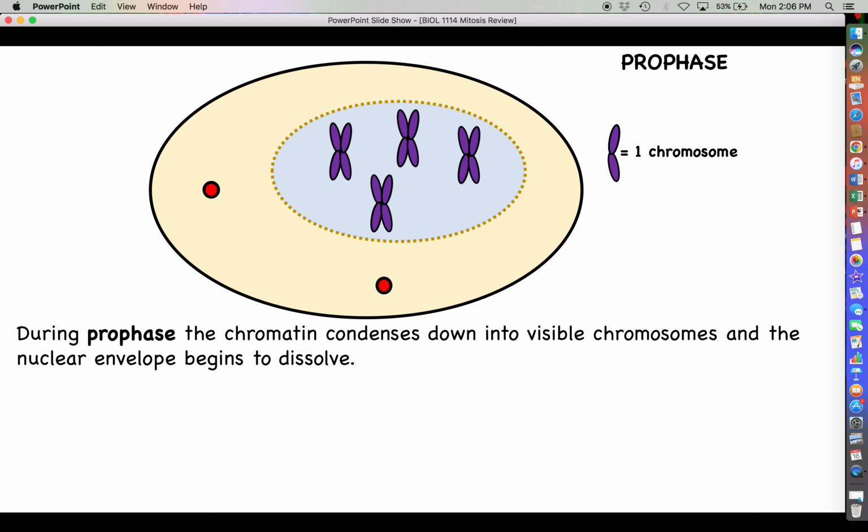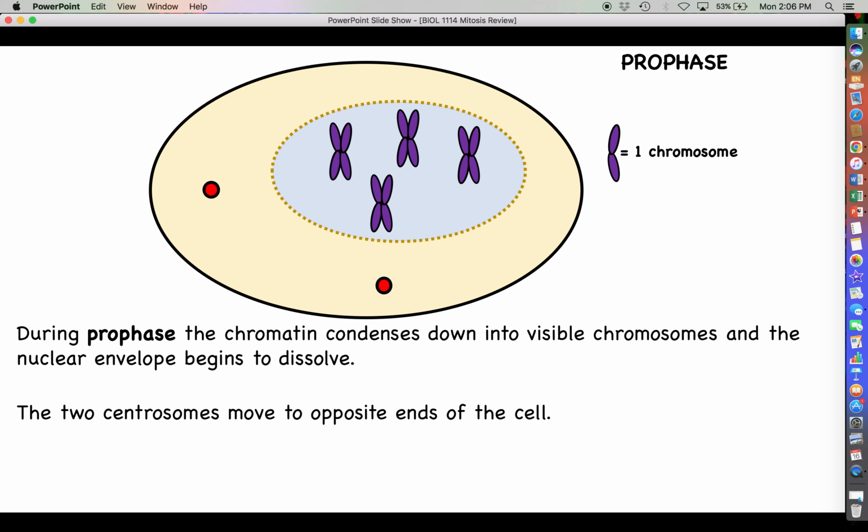Okay, so the very first step of mitosis is called prophase. It is observable and distinguishable because you can see condensed chromosomes, so you no longer see that haze of DNA. You actually see the DNA take on these discrete chromosomal structures, but the nucleus is still there. The nuclear envelope is beginning to dissolve and disappear, but there's no doubt the nucleus is still there, and the chromosomes are still trapped inside.